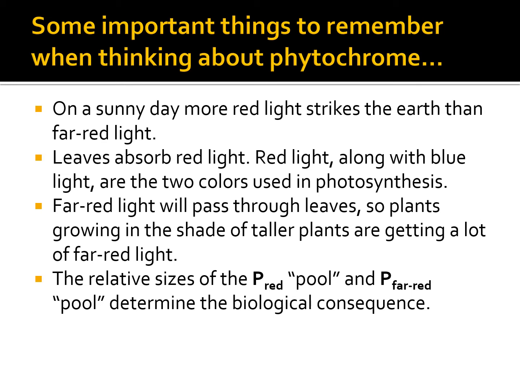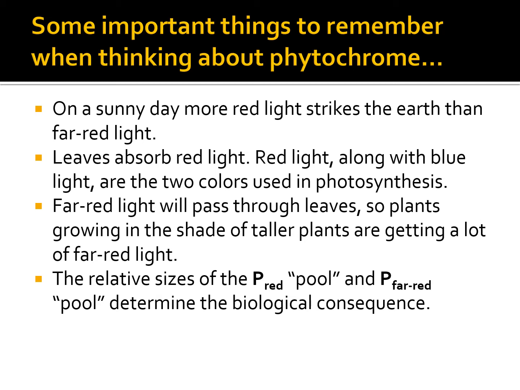And this is probably the most important thing to remember about phytochrome. So we said earlier that phytochrome is a pigment that you find in leaf cells. And phytochrome can exist in these two forms, red and far red. Now, I use the term pool, but what I'm really referring to is the relative concentration of phytochrome red to far red in the cells of a leaf.